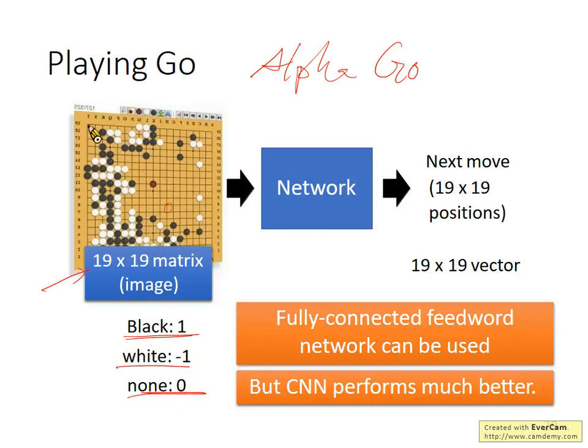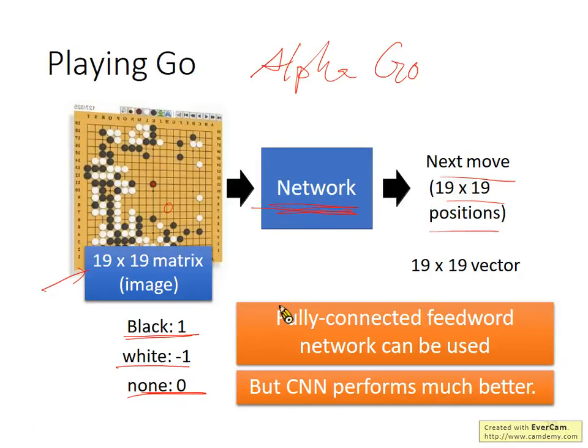So we can input it into a deep network, and then this network outputs the next move. That means which position you should place, which position you should occupy.